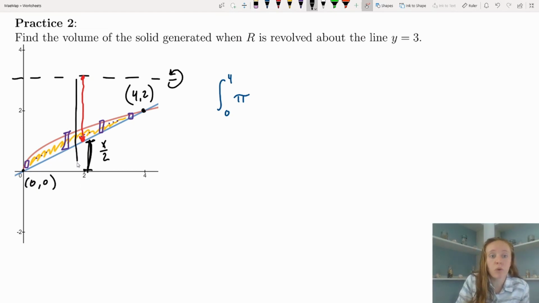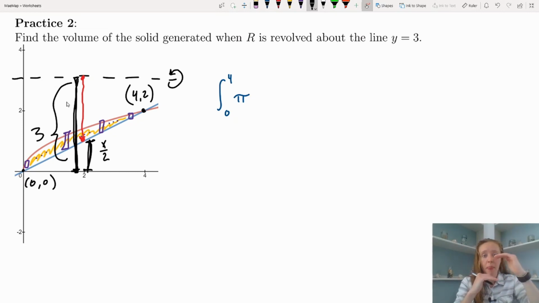I know that full length from our axis all the way to the line we're revolving around. Well, if that line occurs at y equals 3, that's a total of 3. So if I know that entire distance and I know the chunk I don't want from that distance, all I'm going to do is subtract. So that red line that I drew is my outer radius, and that outer radius is 3 minus x over 2.